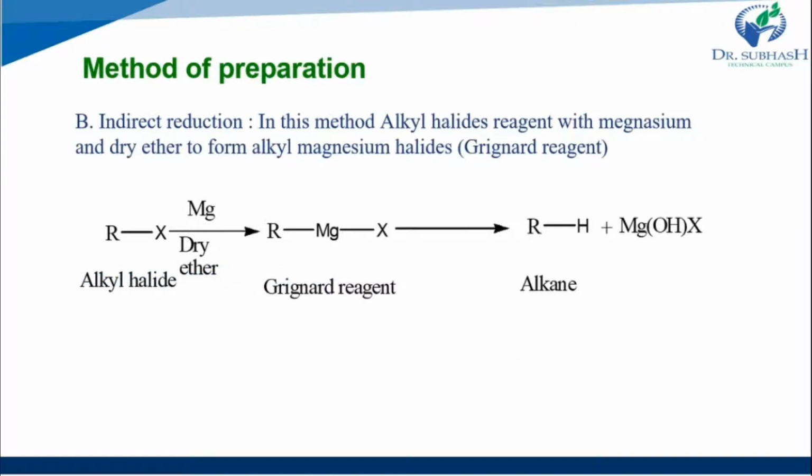Then the B method is indirect reduction. In this method, alkyl halide reacts with magnesium in dry ether to form alkyl magnesium halide, which is called the Grignard reagent.